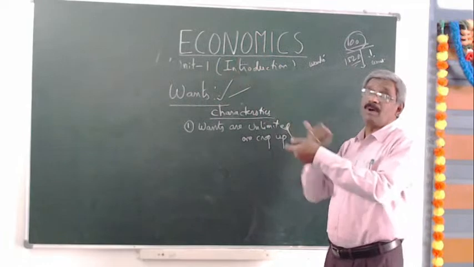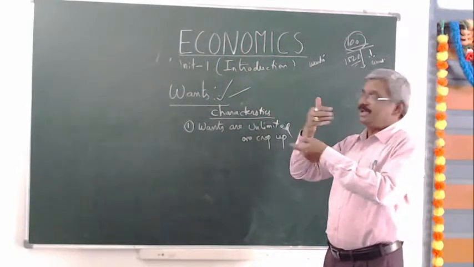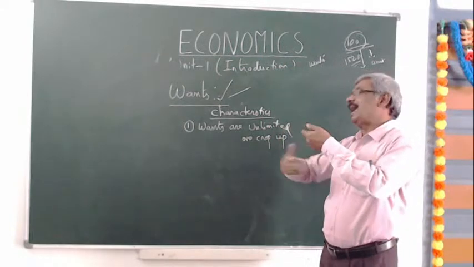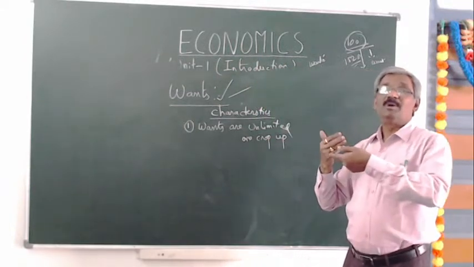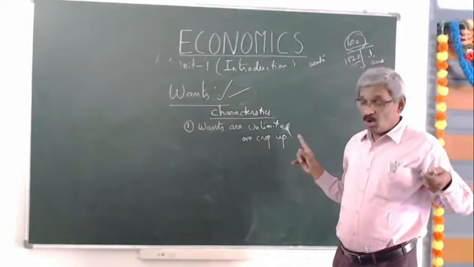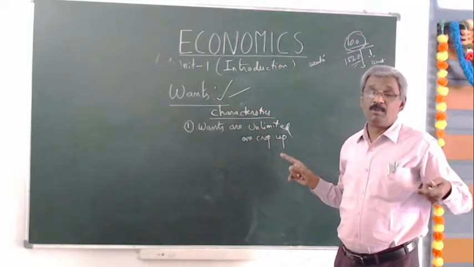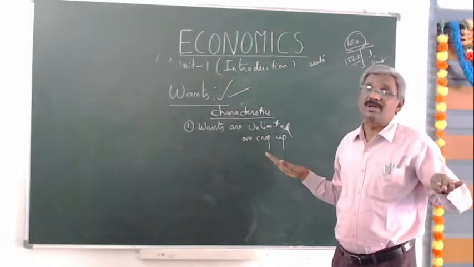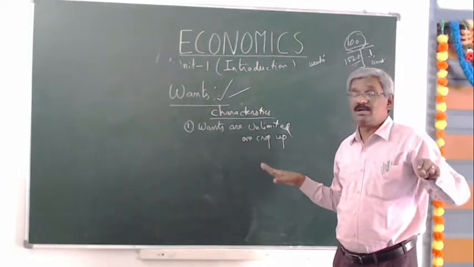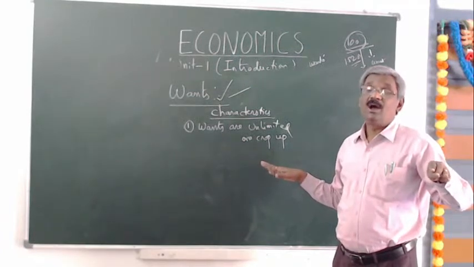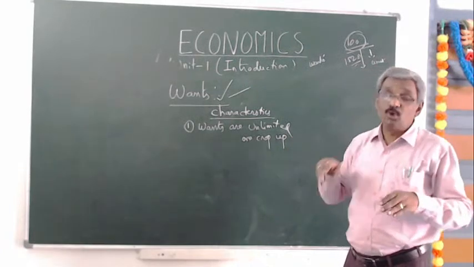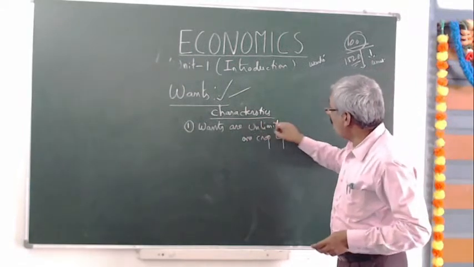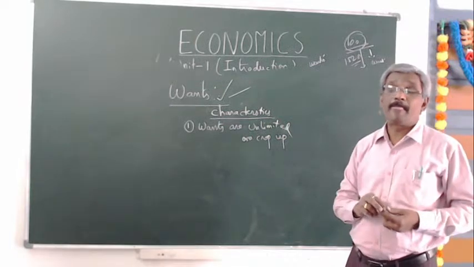That want is satisfied and another want crops up. It may not be only one. Each and every want can be satisfied through economical activities by each human being, and that is called wants are unlimited.